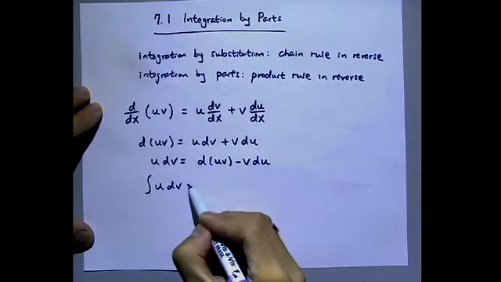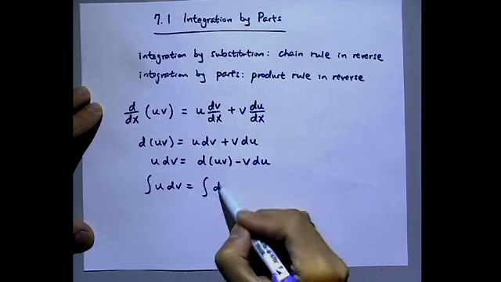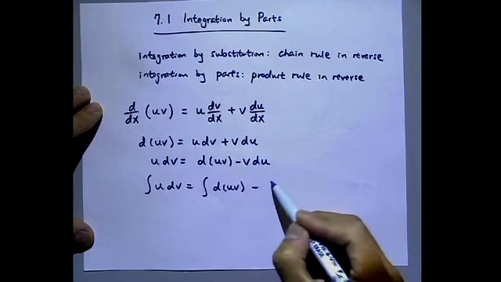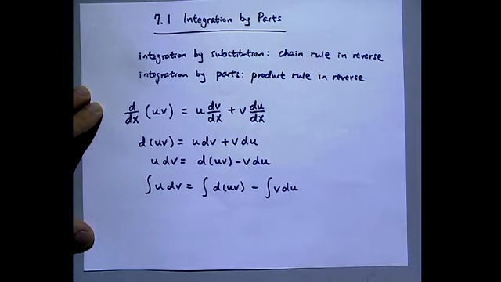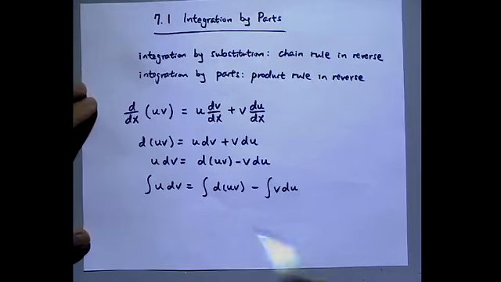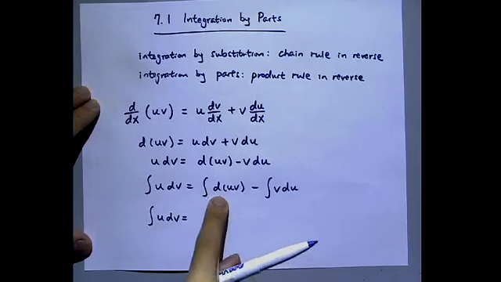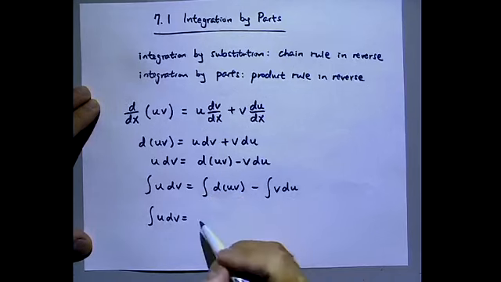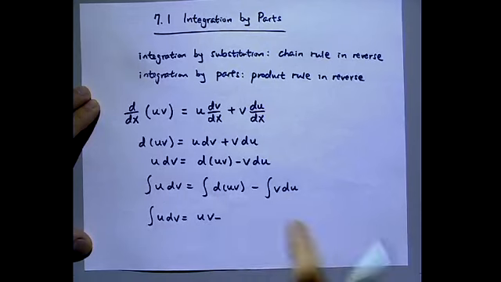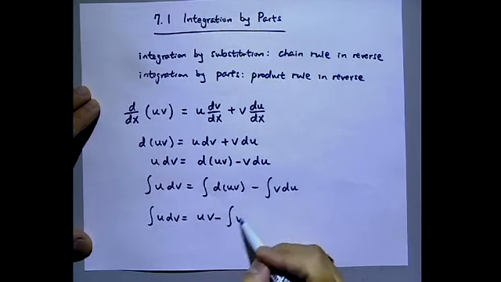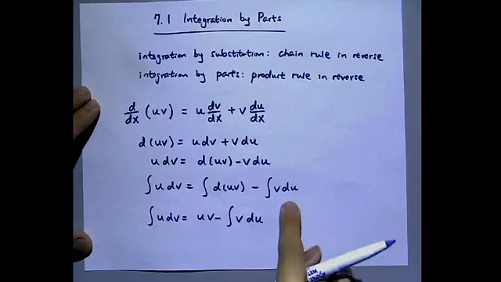And then I'm going to integrate that. Okay, u and v are just some arbitrary differentiable functions. Finally, when I integrate d of something, the integral and that d cancel. So I end up getting just the uv. That I can't deal with just yet. So I'll leave that alone.